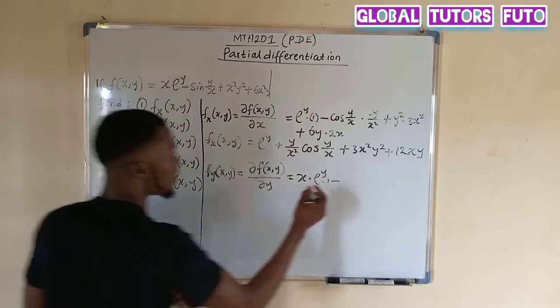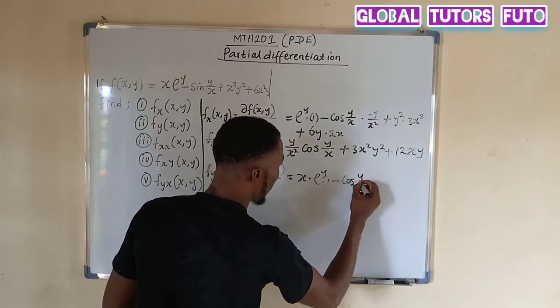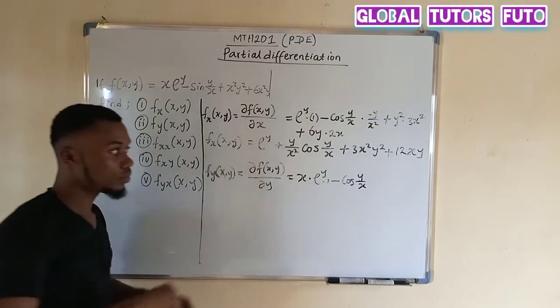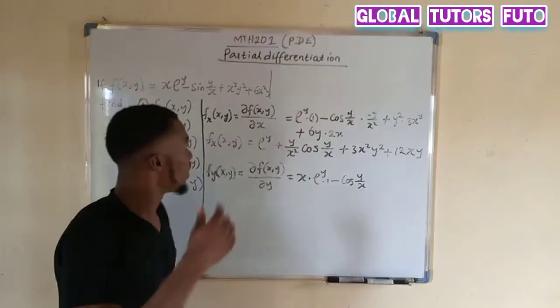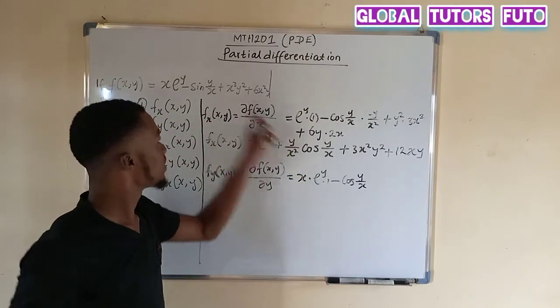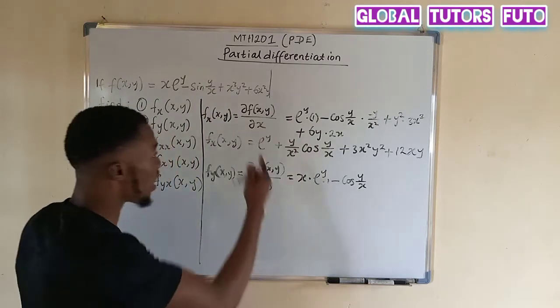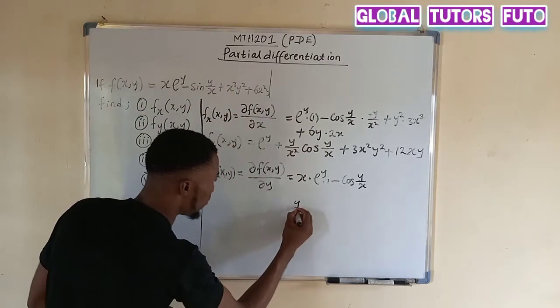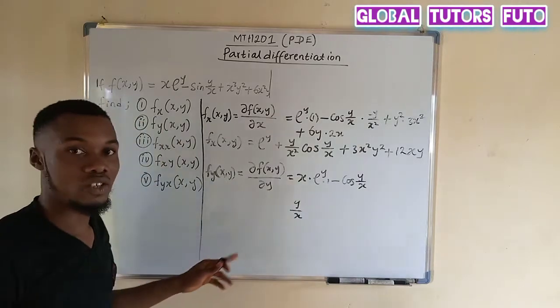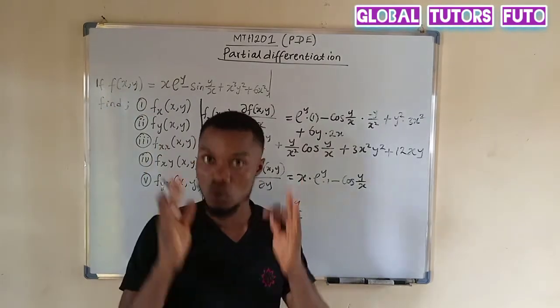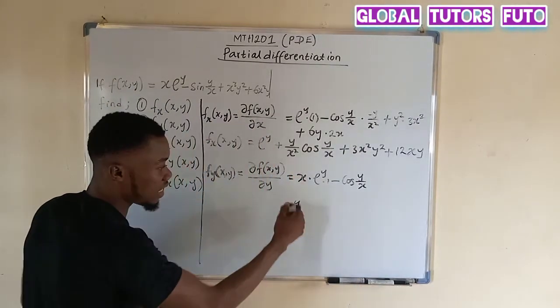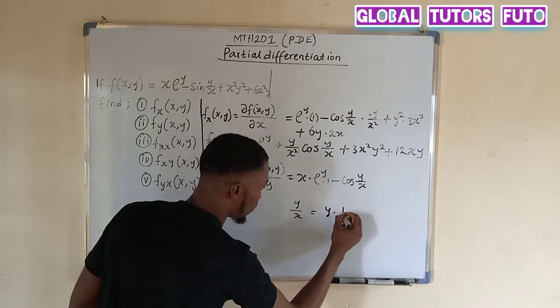Okay, so I can see y here. If I differentiate this, I will get cos y over x. Now, don't forget, whenever you differentiate any trig function, don't forget to differentiate the angle. So the angle we are going to differentiate now will be y over x. And don't forget, we are differentiating partially with respect to y. So our constant here is 1 over x, because y times 1 over x.